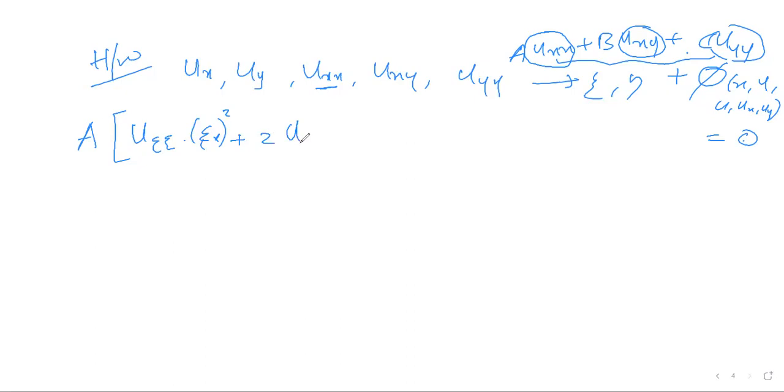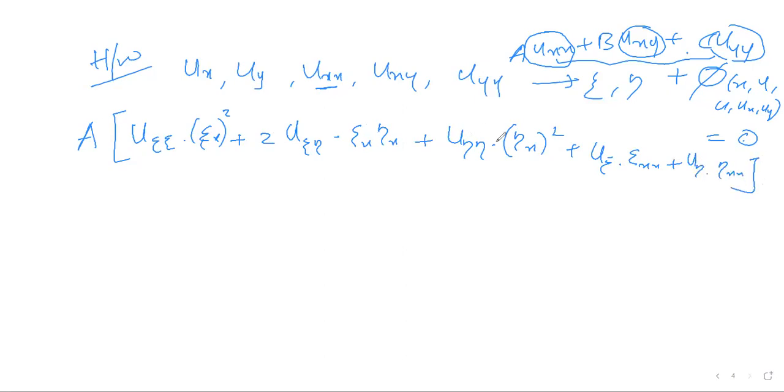So I'm writing u zeta eta times zeta x eta x plus u eta eta times eta x squared. And also we have u zeta zeta xx plus u eta eta xx. This is our expression for uxx.